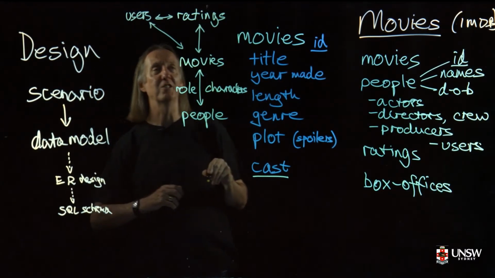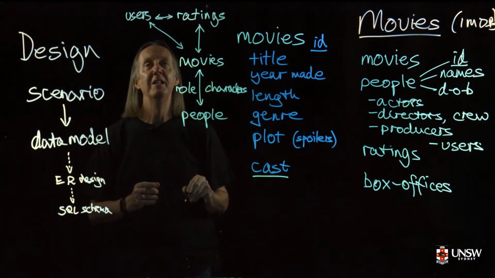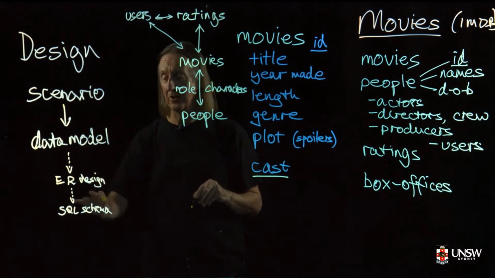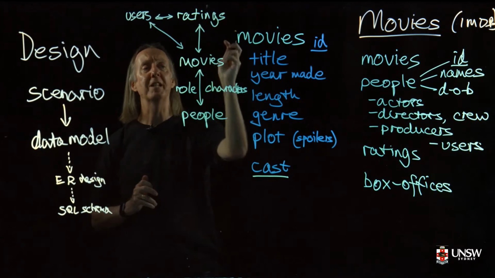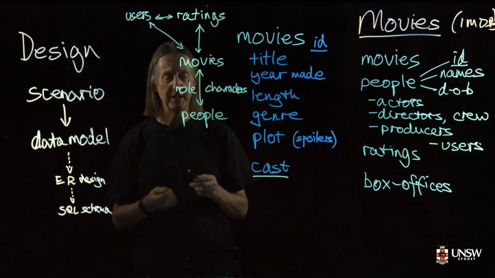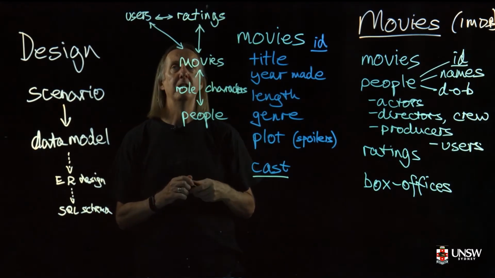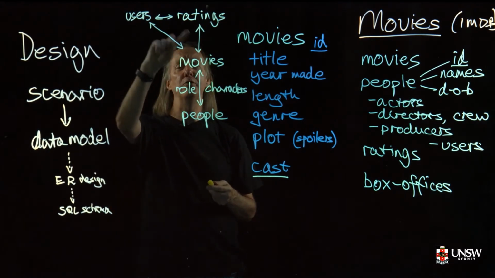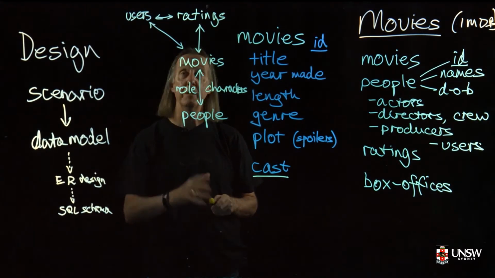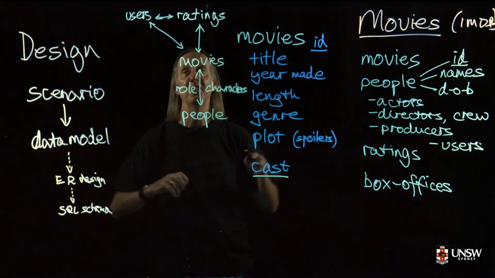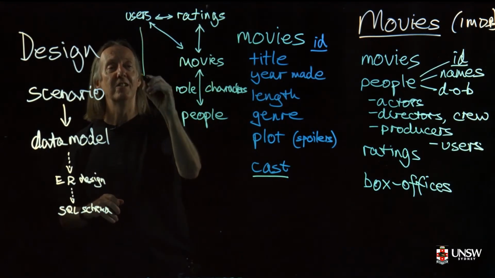So we've got this kind of triangular relationship there. We'll see how that turns out into something simpler in ER design, but a user makes a rating on a particular movie. I don't know if IMDb allows users to rate actors' performances in movies, but maybe we could do that, in which case we'd need to add another kind of rating down here.